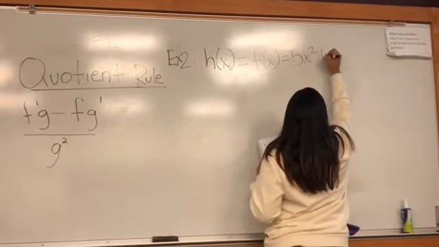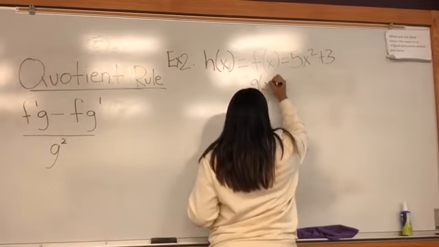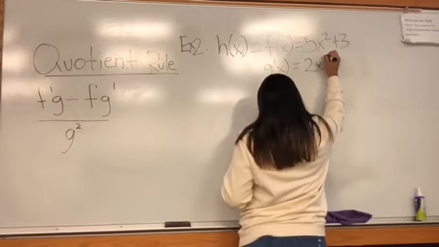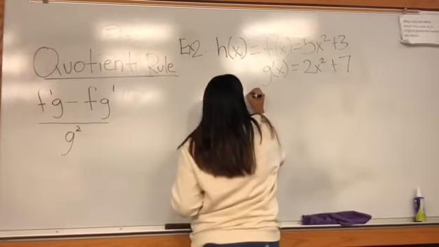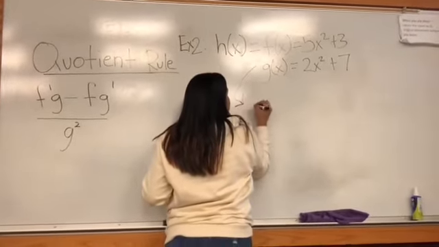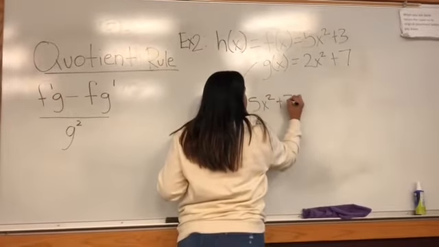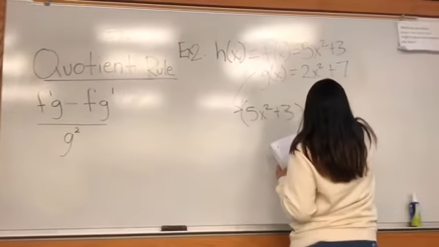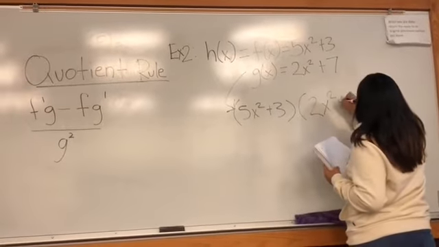Okay, now we will move on to the second example. So we have f of x is equal to 5x squared plus 3. And we have g of x is equal to 2x squared plus 7. Now, as the rest of the examples, we will write out these two terms. So for f we have 5x squared plus 3, and g is 2x squared plus 7.